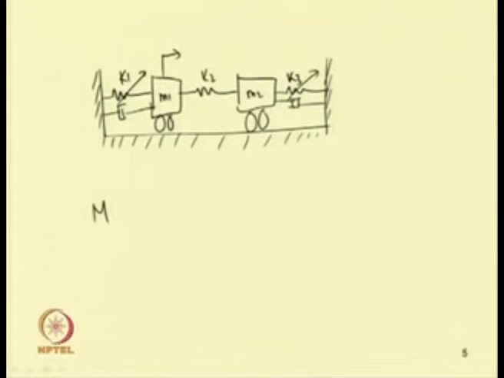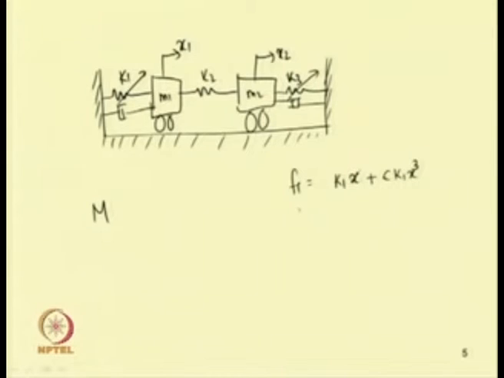If this is x 1 and this is x 2, then for the first spring we can write the spring force F 1 equal to K 1 x plus, as we are assuming it to be nonlinear, epsilon K 1, let it be cubic nonlinear. So, it will be epsilon K 1 x cube.